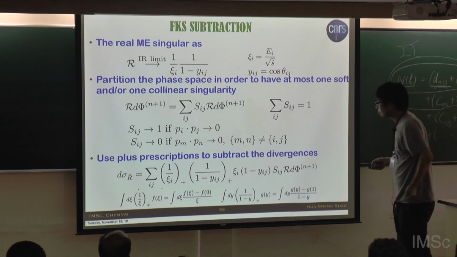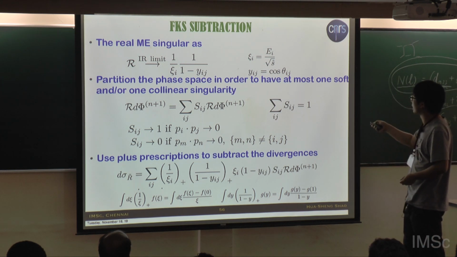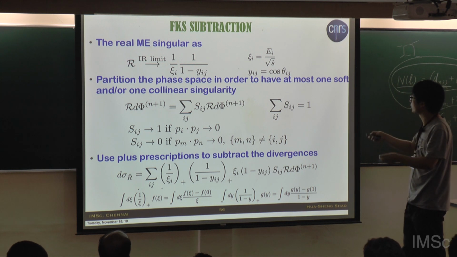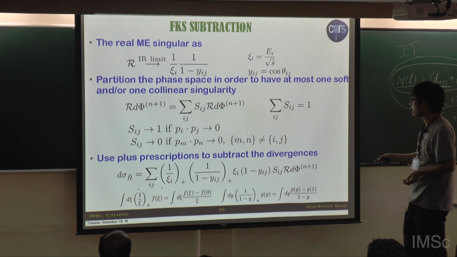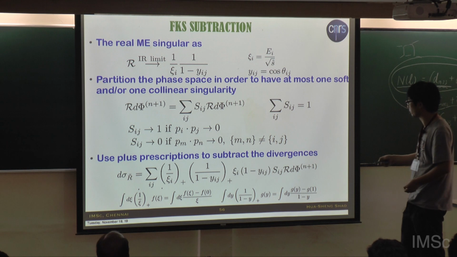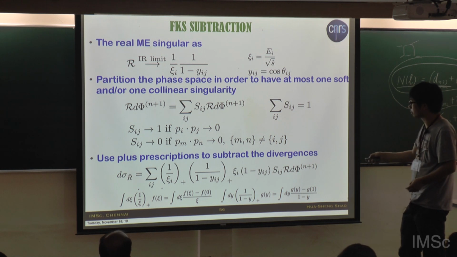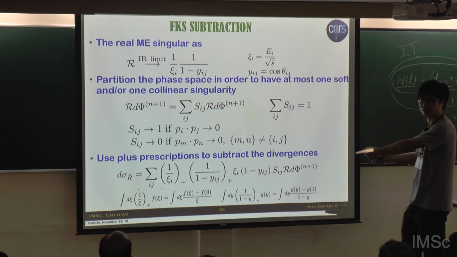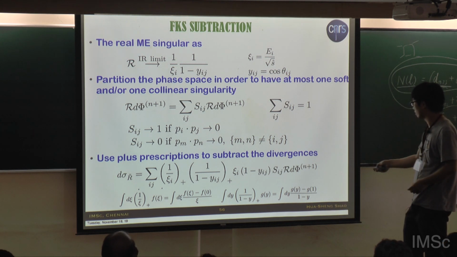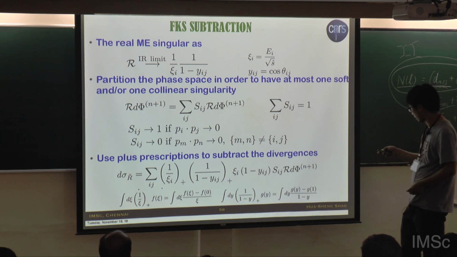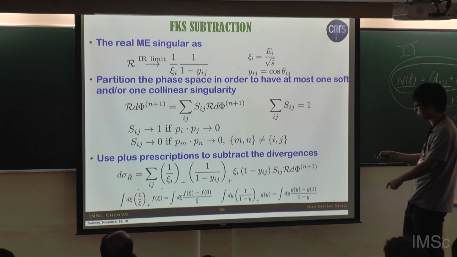Because I want to make sure that in each partition of my phase space I have at most one soft and one collinear singularity. Then I use the plus prescription to subtract the divergence, right? You know that in each phase space region, after subtracting your divergence, you can go to plus functions, as in the previous toy example we showed. This is the definition of plus functions, times S_ij, and the sum over ij. That's why we can directly take the plus function numerically.